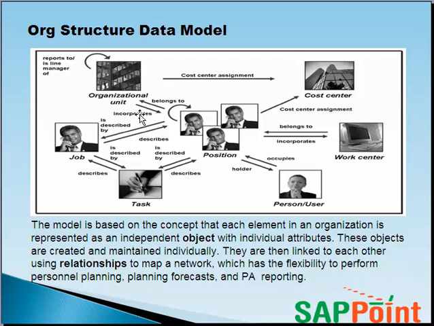So each object in an org structure is linked to each other using relationships. Now if you see here, the cost center is an external object because it is not maintained in the org management. But the objects from the org structure can be linked with the cost center by assigning the cost center to those objects in the org structure.